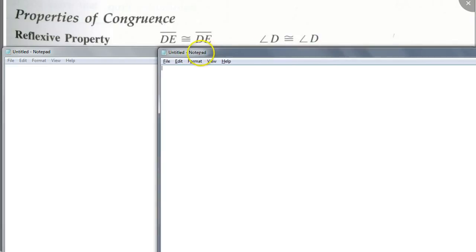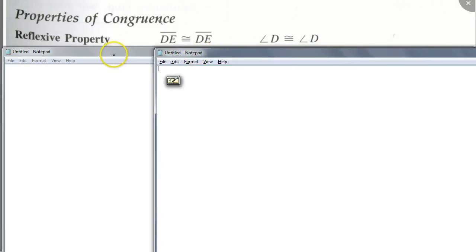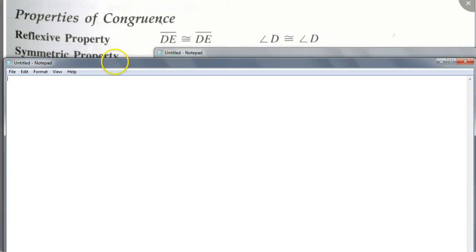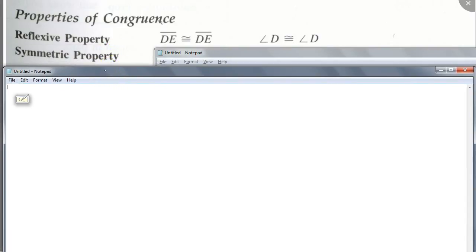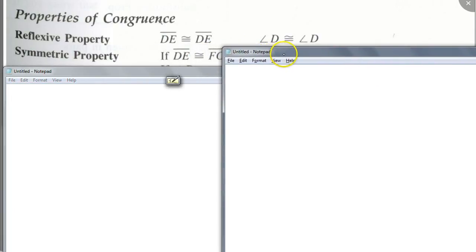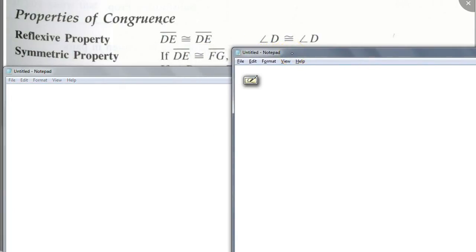And guess what? The next one is, of course, what's the next one going to be, guys? Oh, symmetric, not symmetrical. Symmetric property of congruence. So as you can see, if DE is congruent to FG, who could tell me the then part? How about, oh, you're still writing? I'll wait. Okay, go ahead and write down the then part.